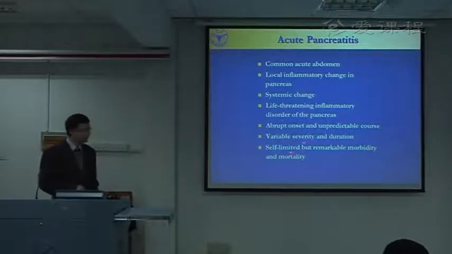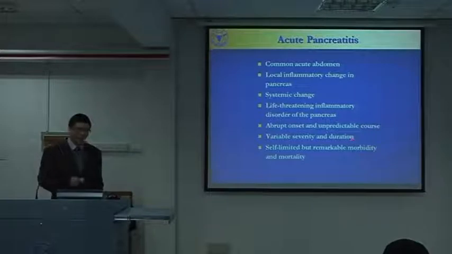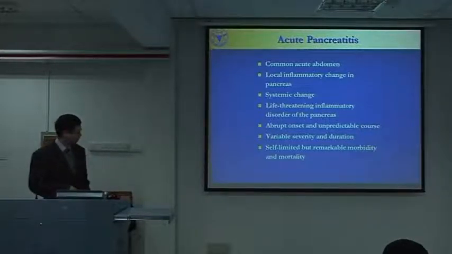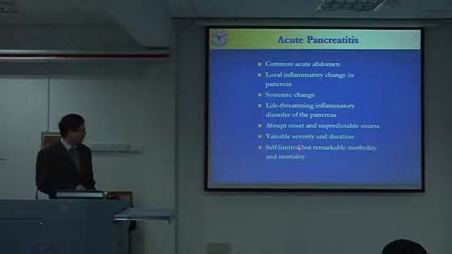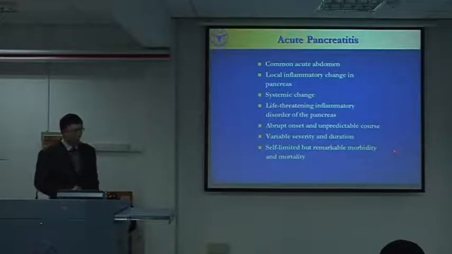If it is very severe, the duration will be very long, and mortality and morbidity are very high. Also it is self-limited, an inflammatory response. But if it develops to severe, we will see remarkable morbidity and mortality.